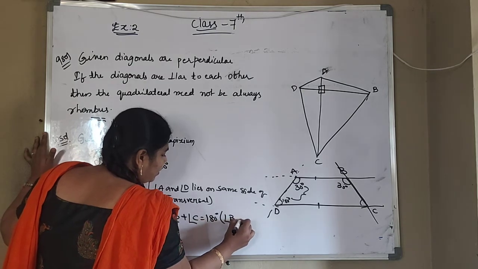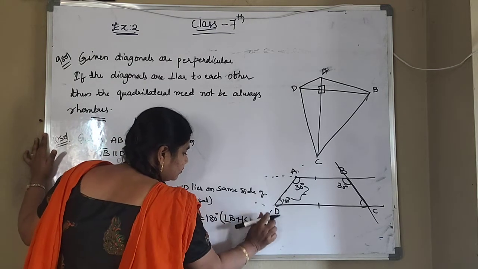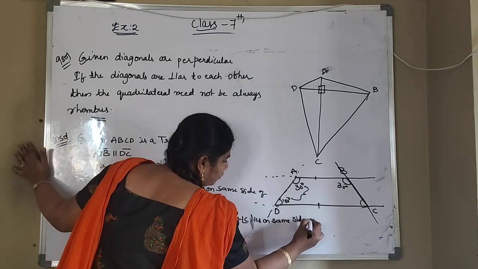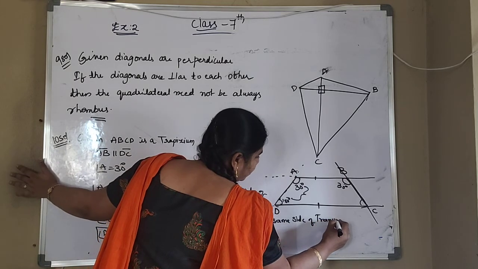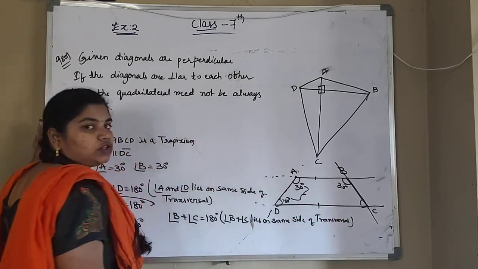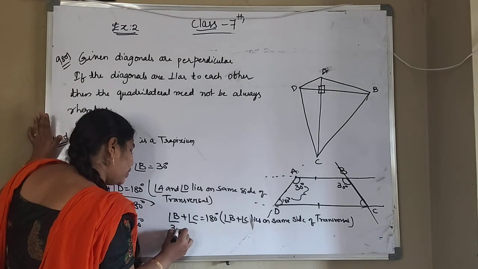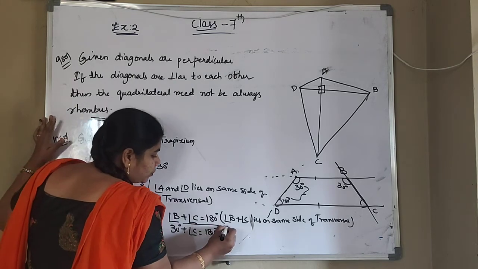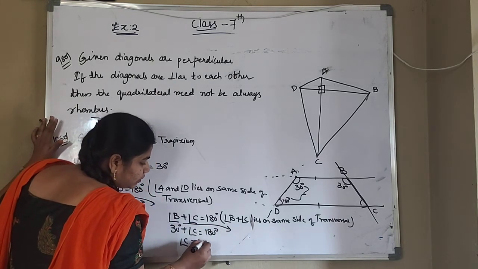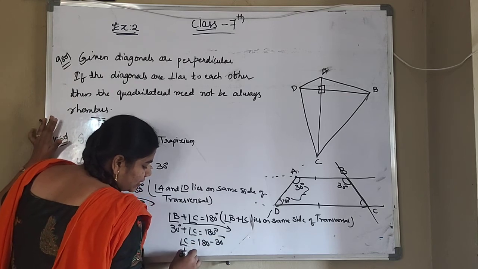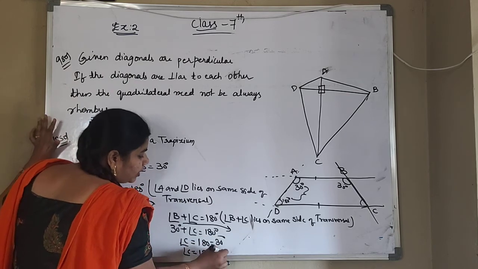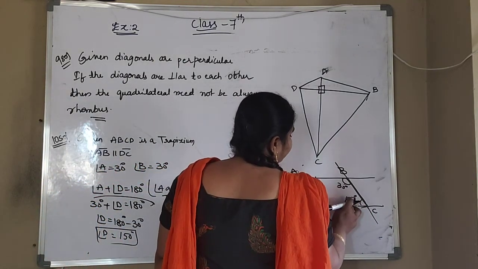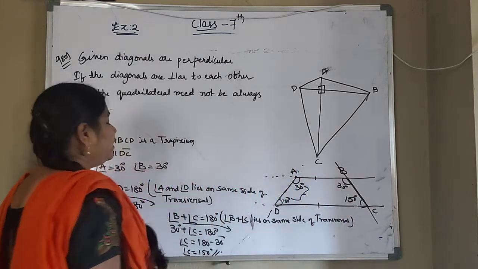Angle B is 30, so transposing 30 to the other side, angle C is equal to 180 minus 30, which is 150 degrees. So angle D is 150 degrees as well as angle C is 150 degrees. So this is our 9th solution.